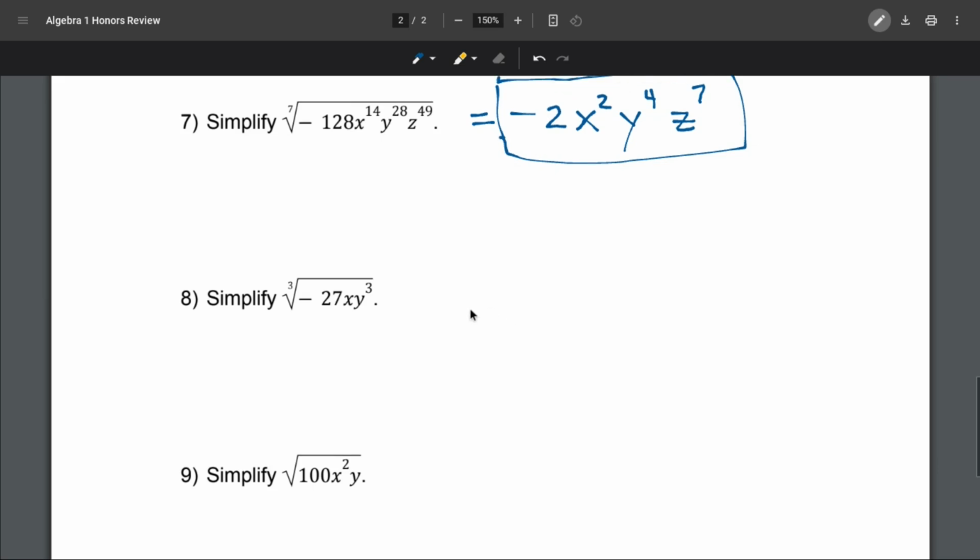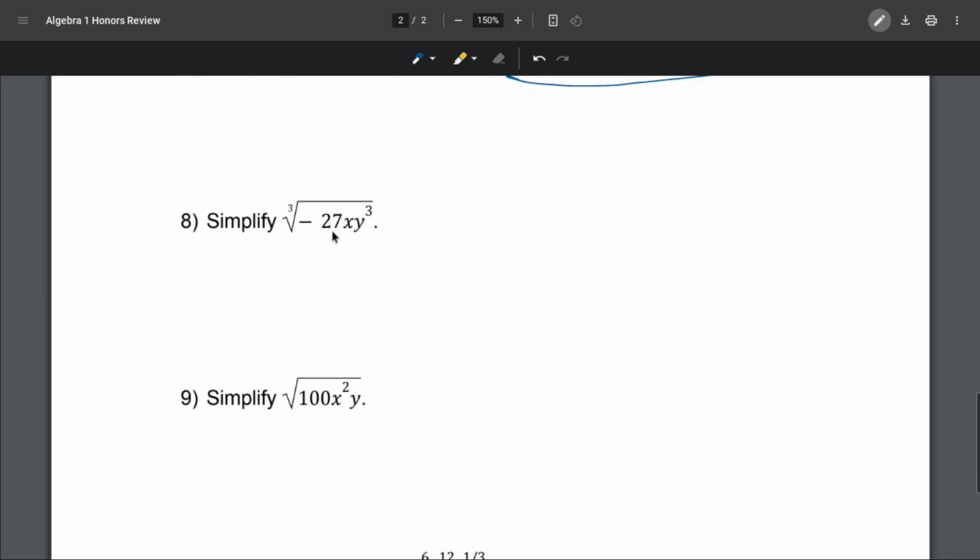All right, problem 8. We're taking the cube root of negative 27xy cubed. Cube root of negative 27 is negative 3. Then we have the cube root of x, times the cube root of y cubed, which is just y.